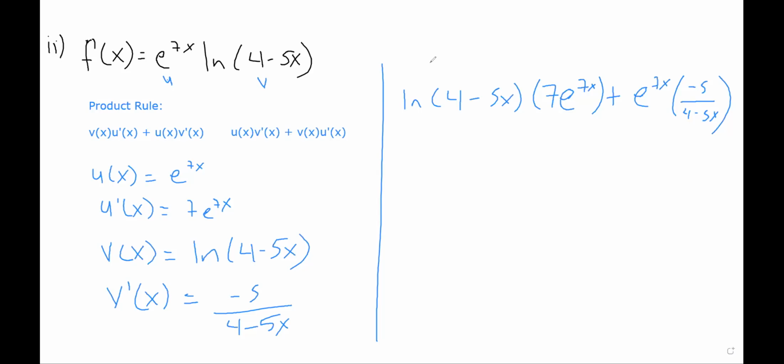So let's use a simpler function. Let's say we have ln of 5x.